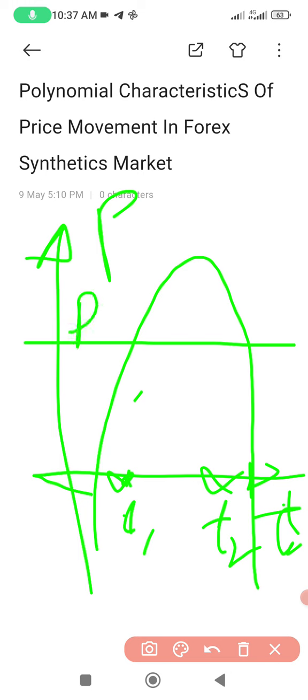So if here is your entry price, and this entry price created a buy like this, there's probability that the same entry price could create either a buy or a sell, because the market is polynomial in nature. I want to talk about a situation where the price produces the same result. Same price can produce the same result at different times.